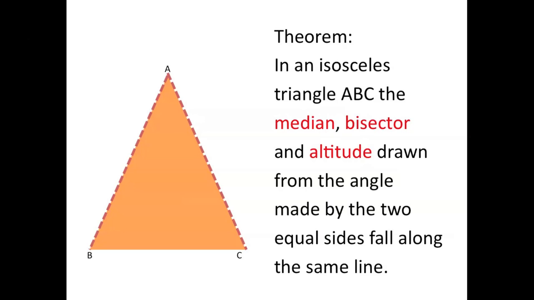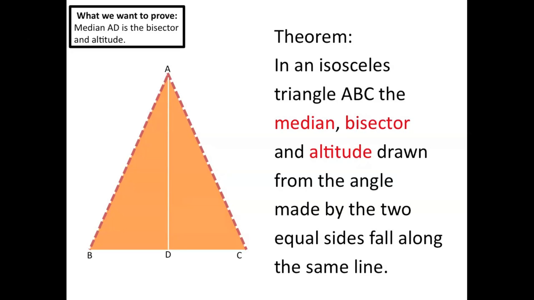So to show this, the first thing we're going to do is draw the median of our isosceles triangle ABC. To draw the median, we have to first denote the midpoint. So let's say D is the midpoint of side BC, and we're going to draw the median line from A to D. And now that we know this is the median, we want to also prove that this is also the bisector and the altitude of this triangle. And that'll show that the theorem holds true.